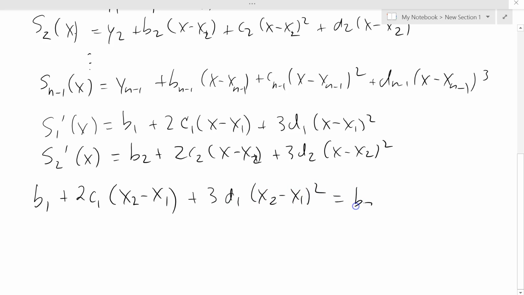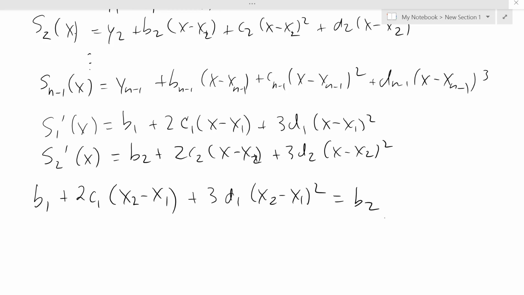That has to equal b2. Right? And then, again, if I did this with an i and an i plus 1, you can imagine it all just being with i's and i plus 1s.